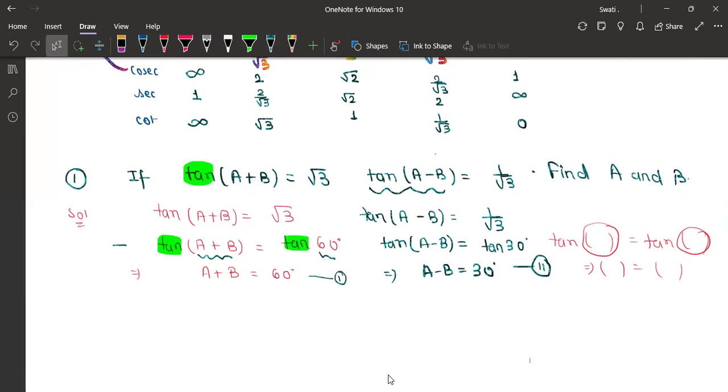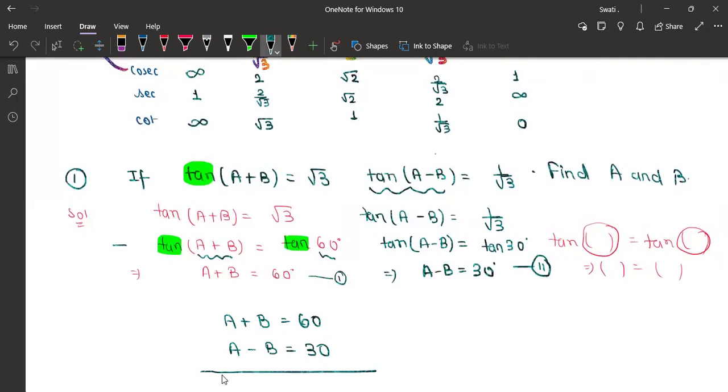It would be the best if you use the elimination method, or maybe substitution also, whatever you want to use. So let's write down both the equations. A plus B equals 60. A minus B equals 30. Now tell me, what will you do with these two equations?